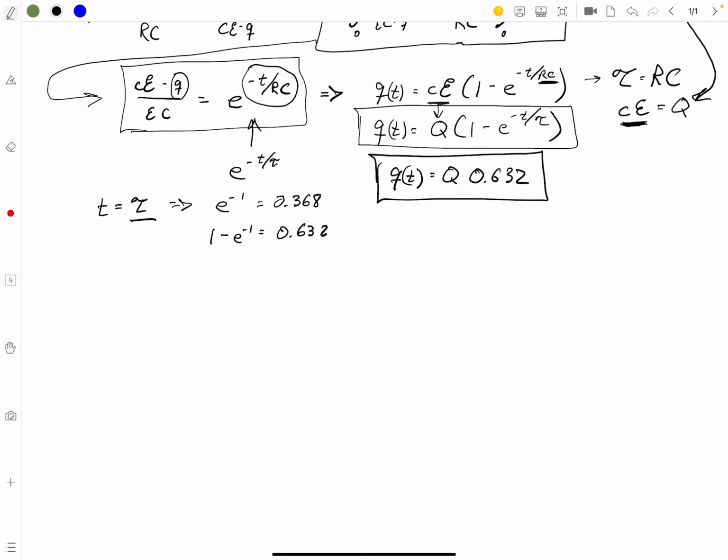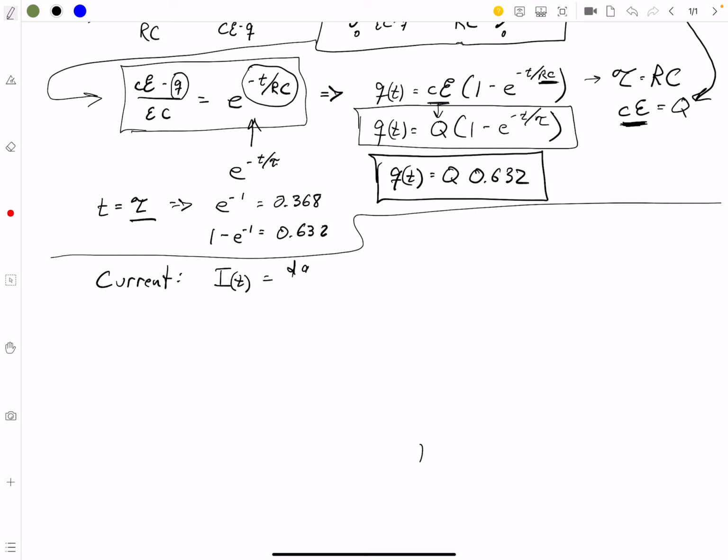We're going to talk about the other one in a second, but I just wanted to do that. Okay. Now, what do we get when we want the current for this situation? We want I as a function of t, but we know that I is just dq/dt.